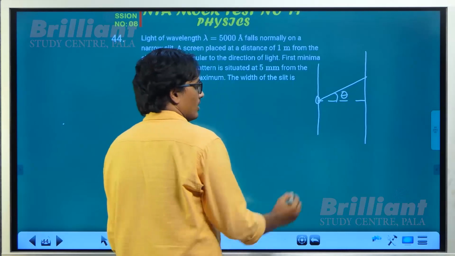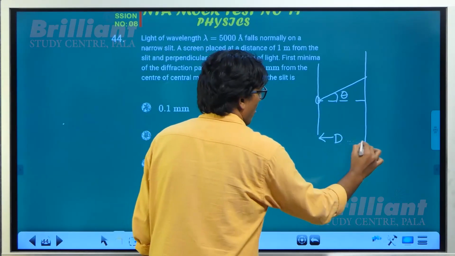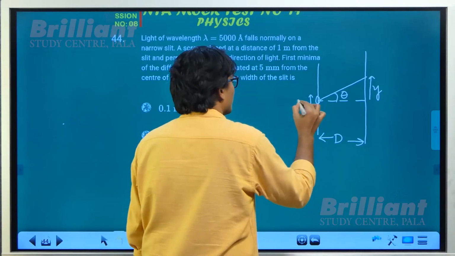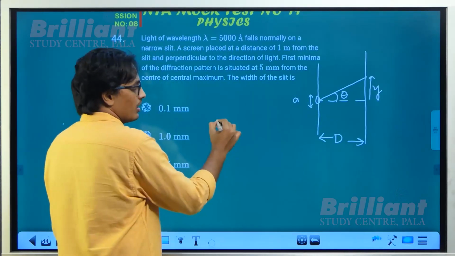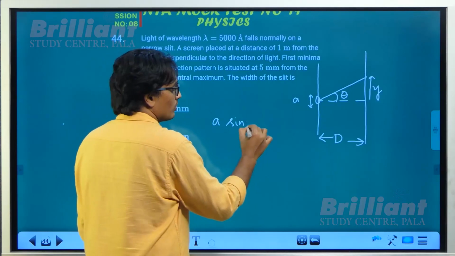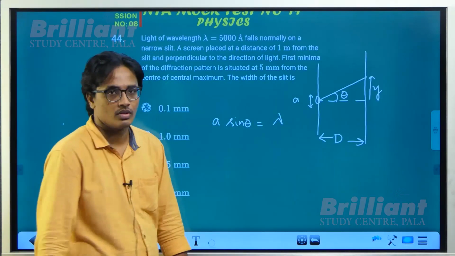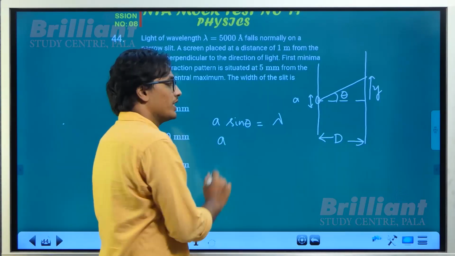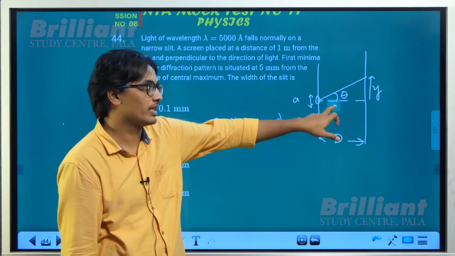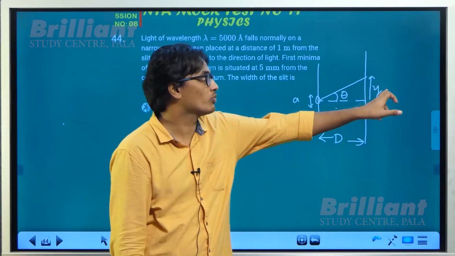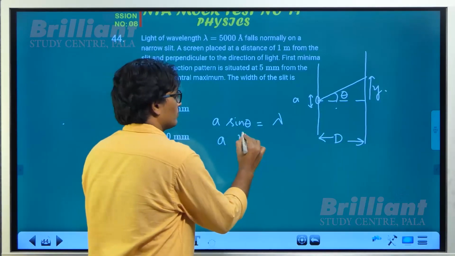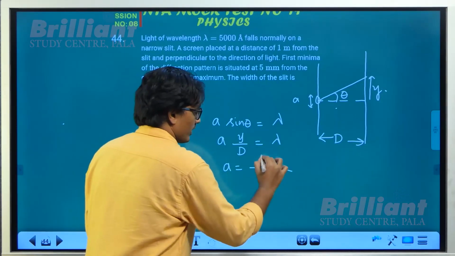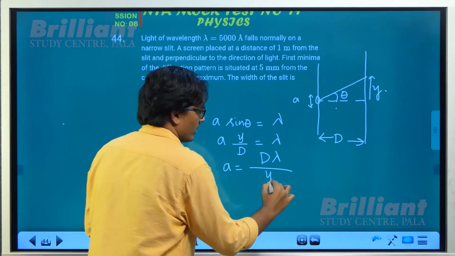For the first minima, if this is capital D, this is y, and the width of the slit is a, we have a sin theta is equal to lambda. In diffraction, at the first minima a sin theta is equal to lambda. Theta is small, so sin theta is approximated as tan theta. Tan theta can be written as y by capital D. So you have the width of the slit as D lambda by y.